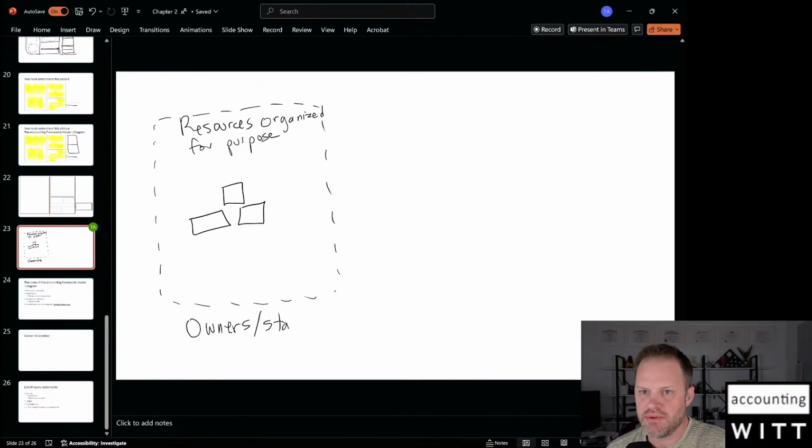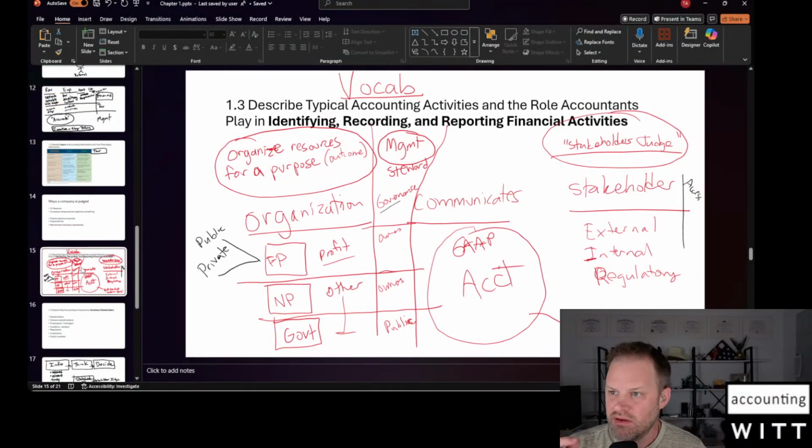So the reason this came up is we were talking about it in the context of you can have for-profit, not-for-profit, and a government. And then I had this slide where we said an organization organizes resources for some outcome. It can be for profit, not for profit, or government, and there's management. So we've got assets, which is the resources that are organized.